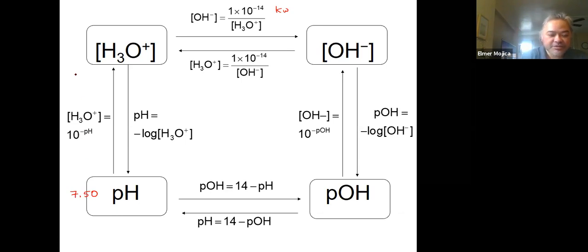So from here going there, it is 3.2 times 10 to the negative 8. Instead of here going here, you can go here going to this one, and then from here going to that one.